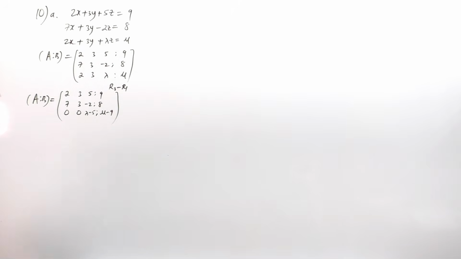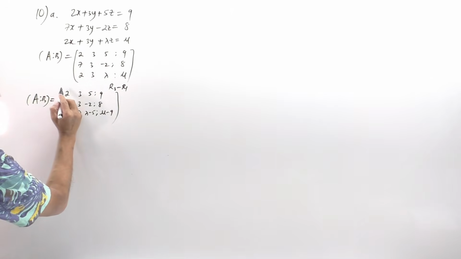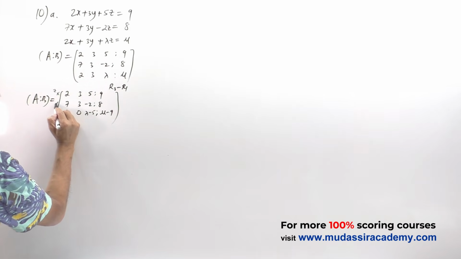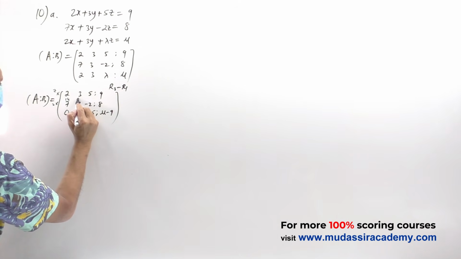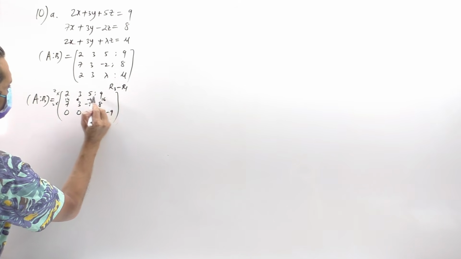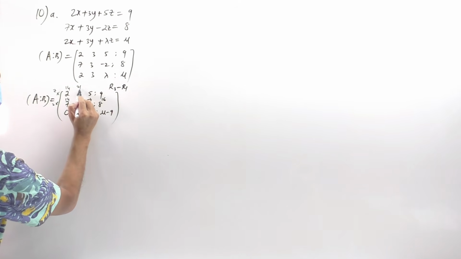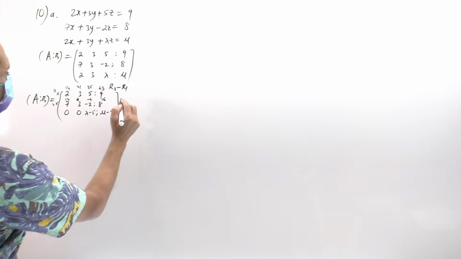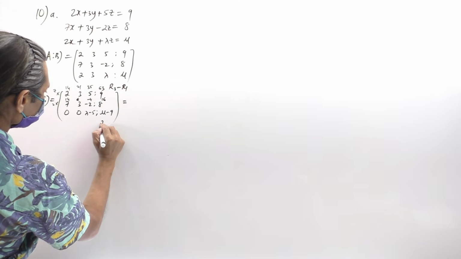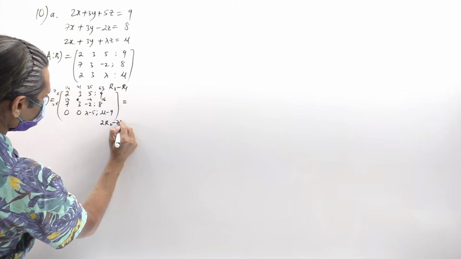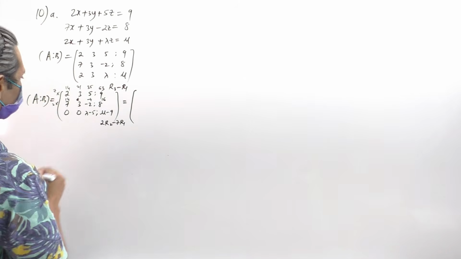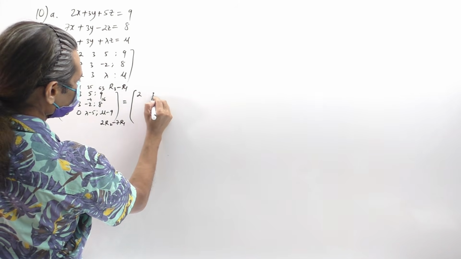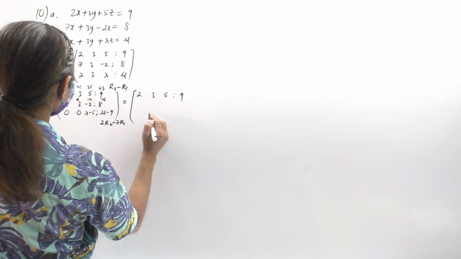Done. Now you need to make 7 zero making use of 2. So the LCM is 14, multiply by 7 and multiply by 2. 2 7s are 14, 2 3s are 6, 2 2s are 4, 2 8s are 16, 7 2s are 14, 7 3s are 21, 7 5s are 35, 7 9s are 63. So now I write here 2R2 minus 7R1. This will be again 2 3 5 9 as it is.